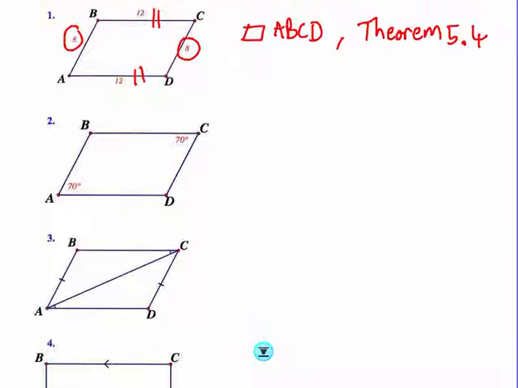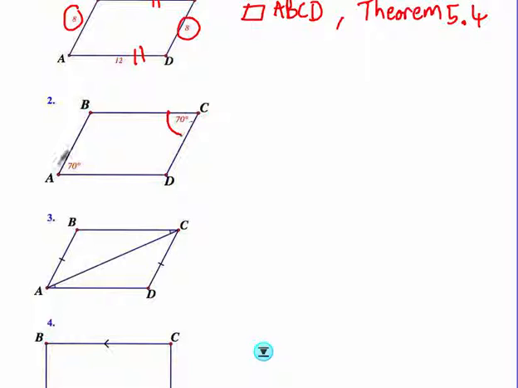Okay, second example. In this case we have one pair of opposite angles congruent to each other.